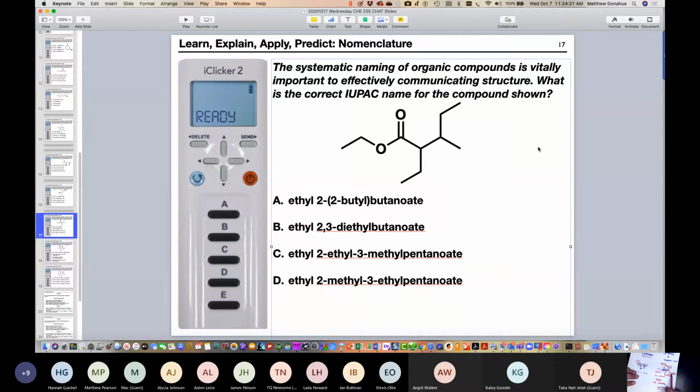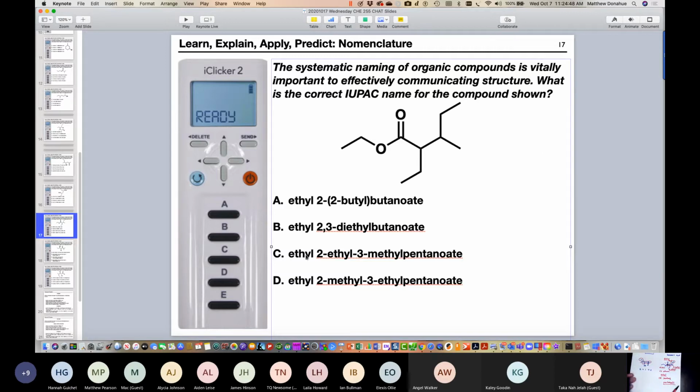So this is 3 methyl. So 1, 2, 3. The methyl group is outside, so it's a substituent. So the correct answer is C.